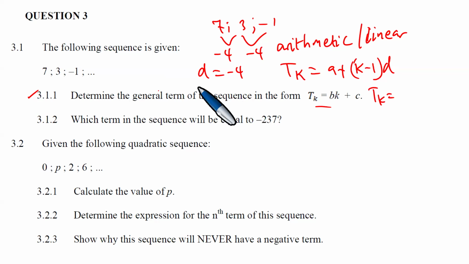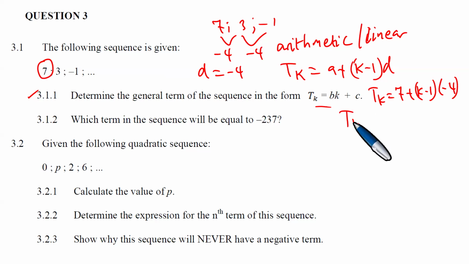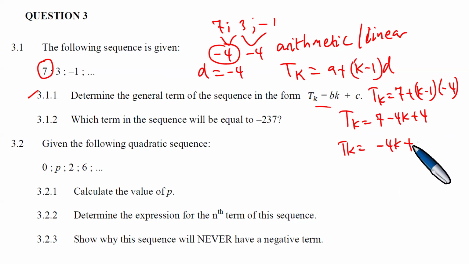What is the first term? 7. Then you have k minus 1 times the common difference, which is minus 4. So you have 7 minus 4k plus 4, which means that Tk is minus 4k plus 11.